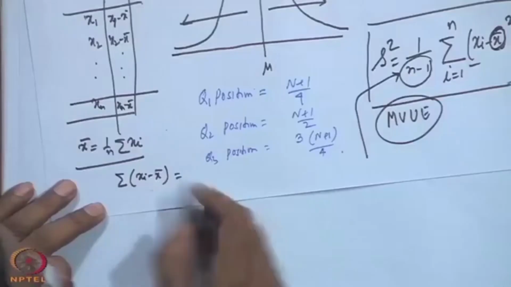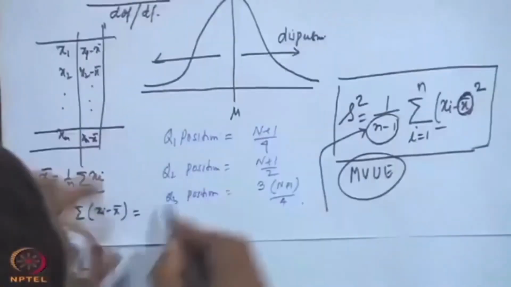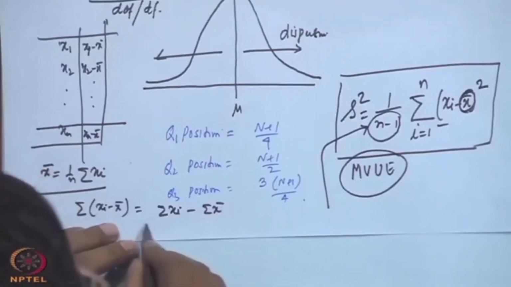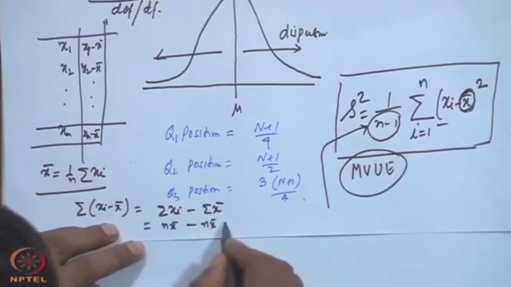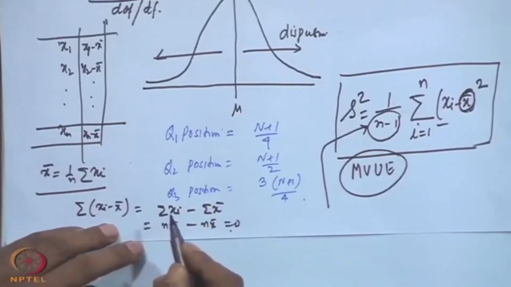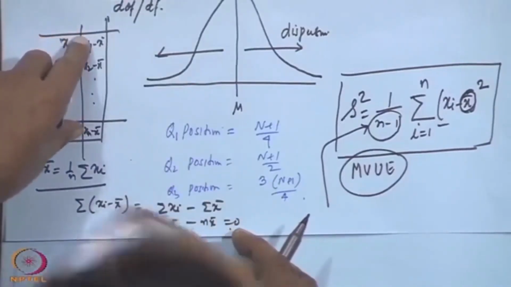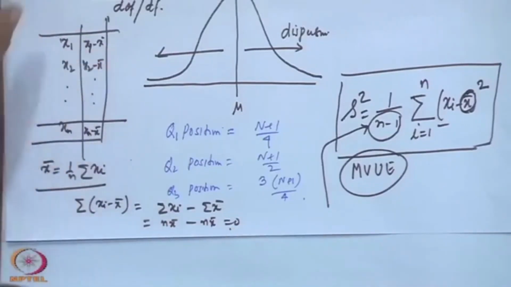It is summation of xi minus summation of x bar, this is n x bar minus n x bar. So this is 0. So one value is gone.